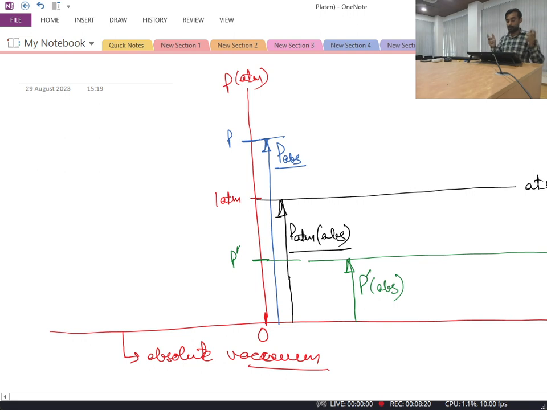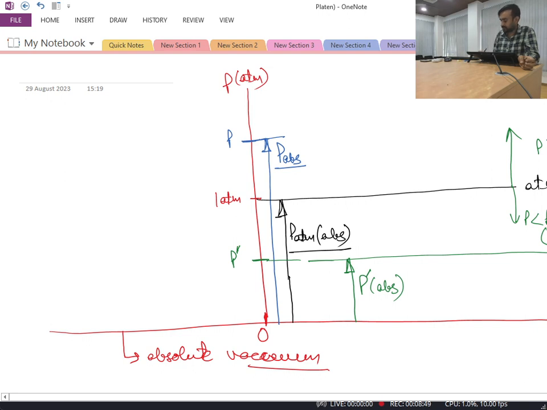Okay, but one important point we have to note down: any pressure which is greater than the atmospheric pressure, so all the pressures over here are greater than atmospheric pressure, and any pressure which is less than atmospheric pressure, when P is less than P atmospheric, whatever the situation, we call this our vacuum pressure.